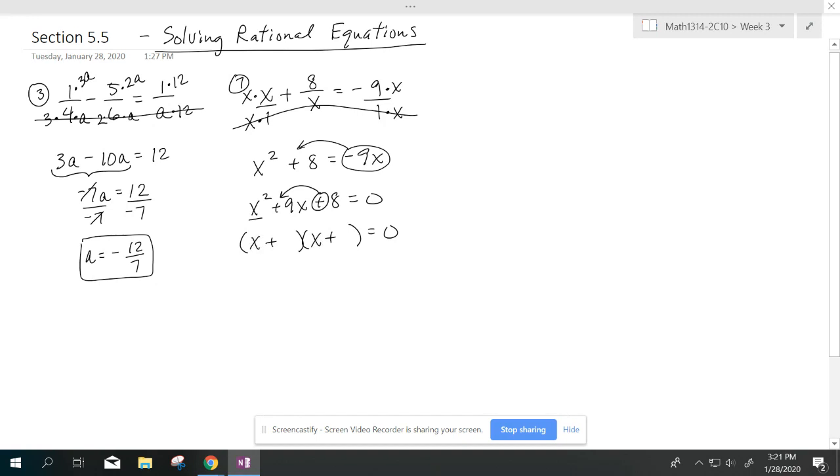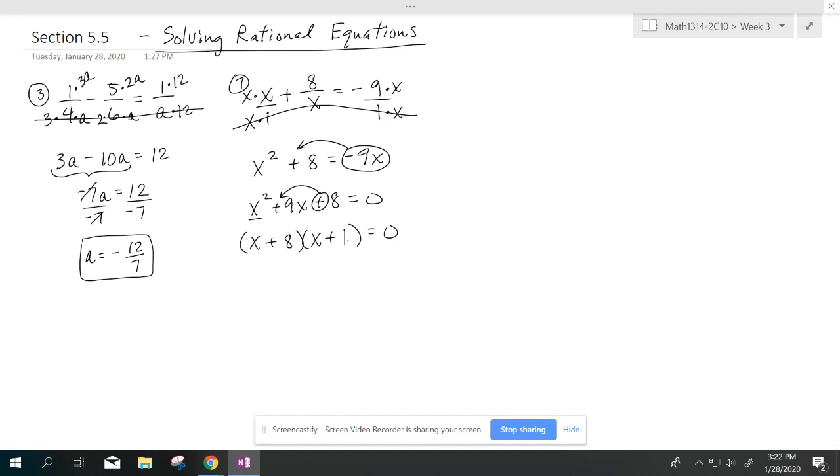So these first 2 blanks are going to be x and x, because x times x is x squared. The other 2 blanks are going to be numbers that multiply to make 8 and add to make 9. Can you think of 2 numbers that multiply to make 8 that also add to make 9? And I heard 8 and 1. 8 times 1 is 8. 8 plus 1 is 9.